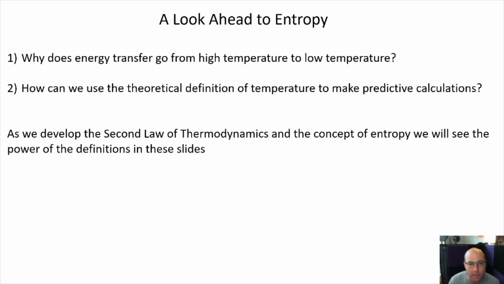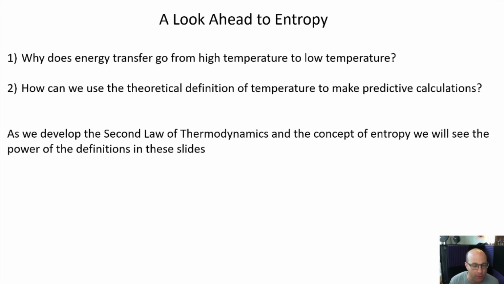So why do I say that the energy transfer should go from the high temperature object to the low temperature object? That's going to come into play as we understand the second law of thermodynamics and entropy, again, chapter 2 and 3. So for now, we're sort of taking it as an experimental fact, and we'll really start to use it and understand it rigorously in a couple weeks.